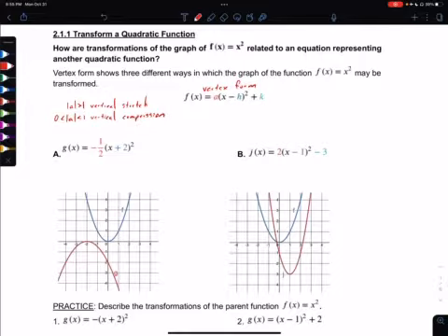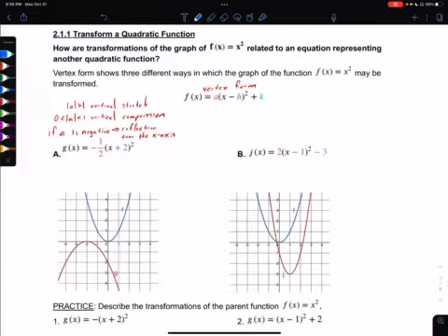And then a also causes a reflection in the case where a is negative, then there is a reflection over the x-axis. So three things can happen because of a. There can be a stretch or a compression. You can never have both. And then there's also the possibility of a reflection.